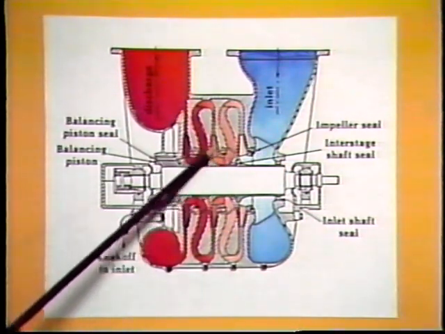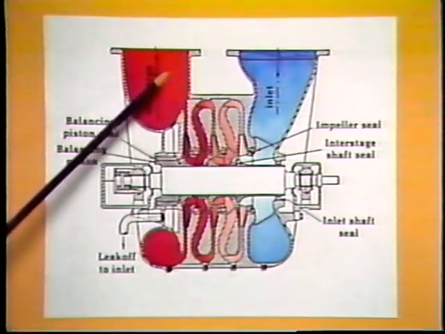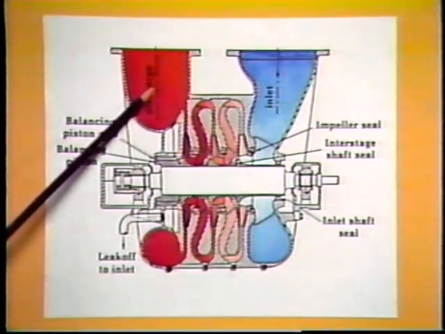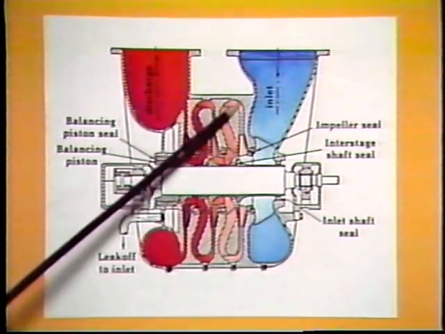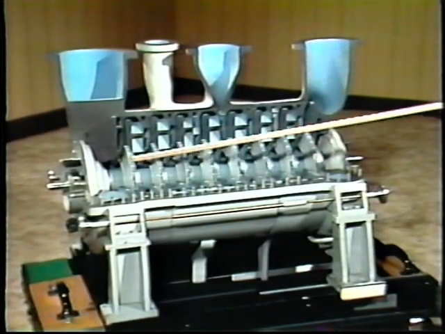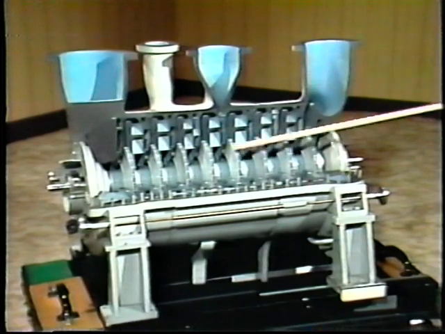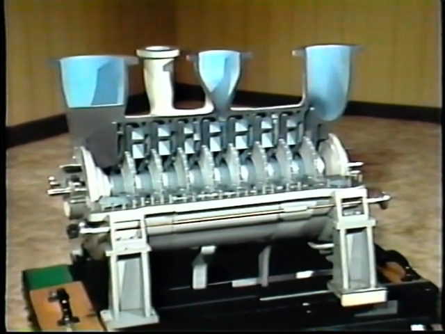As you can see, as air is moved through the compressor from the inlet here to the discharge here, it follows a path through these impellers that is radial to the shaft. It's called a multi-stage compressor because there are several compressors being operated in series to obtain a higher output pressure.